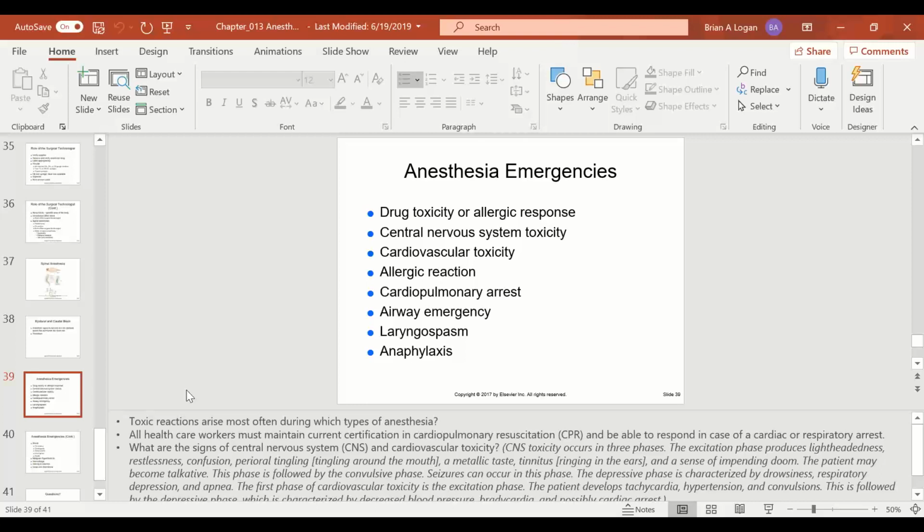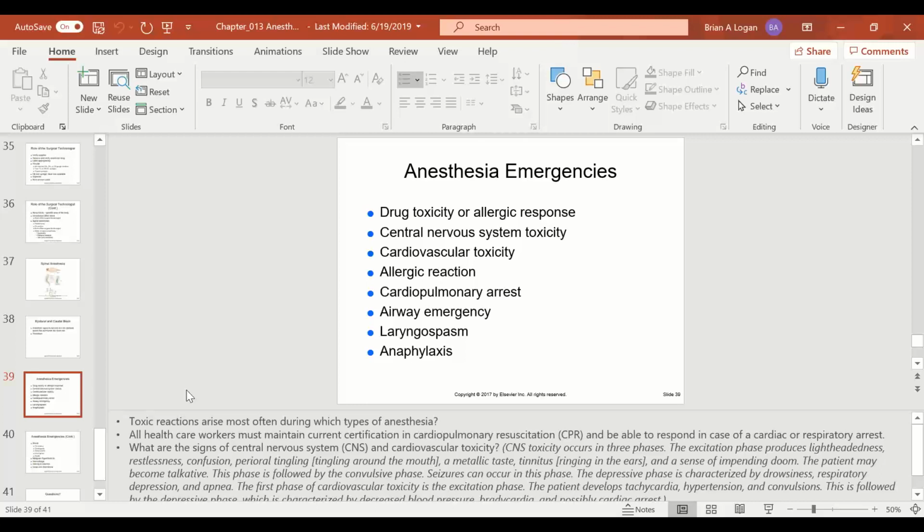Cardiovascular toxicity. This is where you may have too many electrolytes or too much other particulate in the blood, and now it's too thick, so it's causing an issue with the heart. You could have a heart attack.